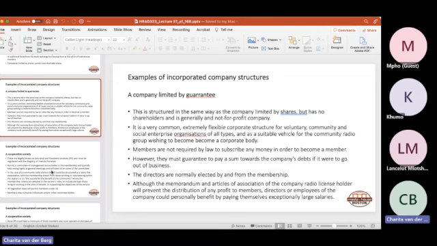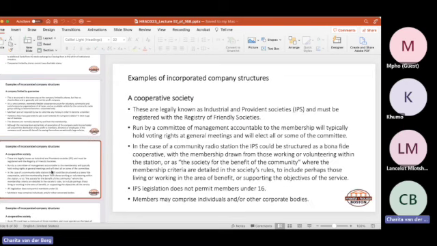Then you get what we call a cooperative society. So these are legally known as industrial and provident societies, so IPS, and they need to be registered with the Registry of Friendly Societies. So this is big in the UK, okay? They are run by a committee of management accountable to the membership, and they will typically hold voting rights at AGMs, annual general meetings, and will elect all or some of the committee.